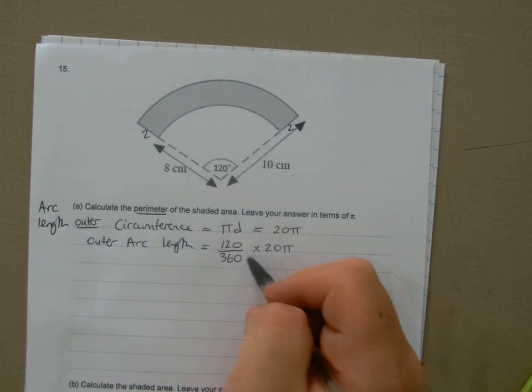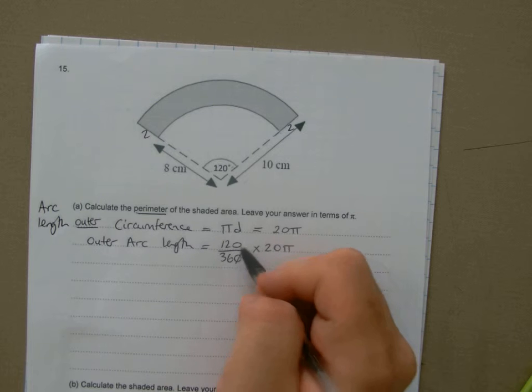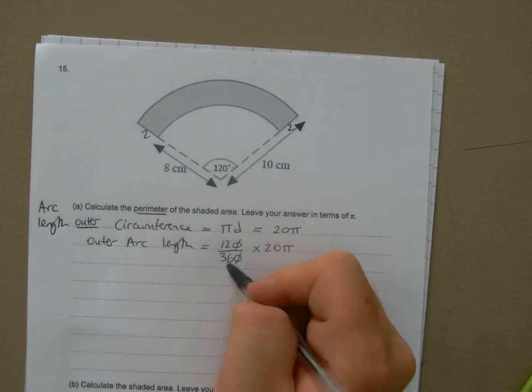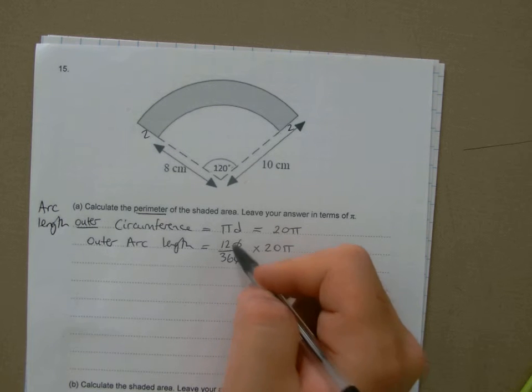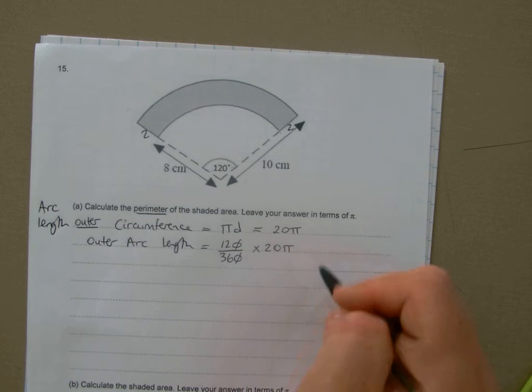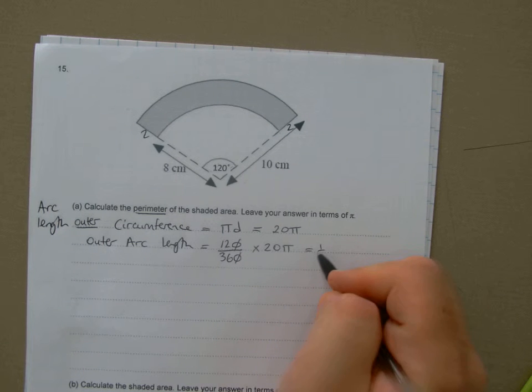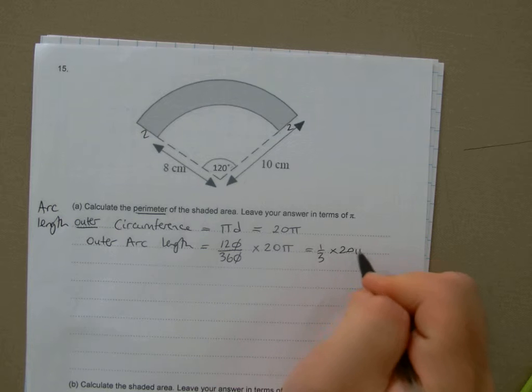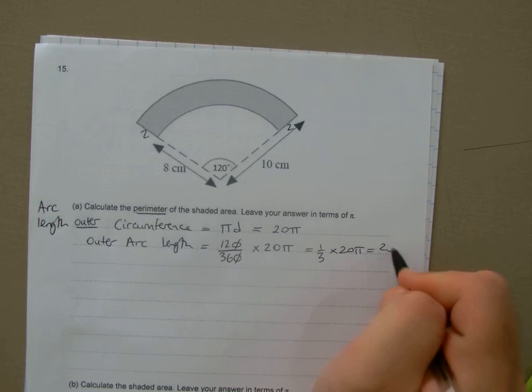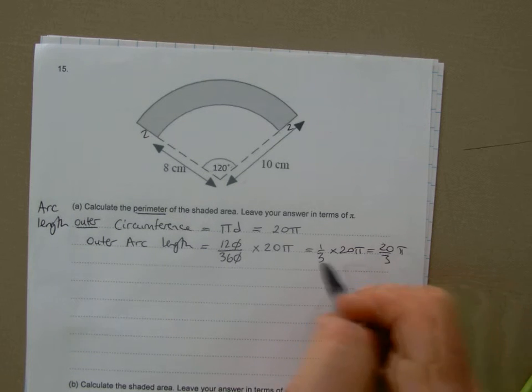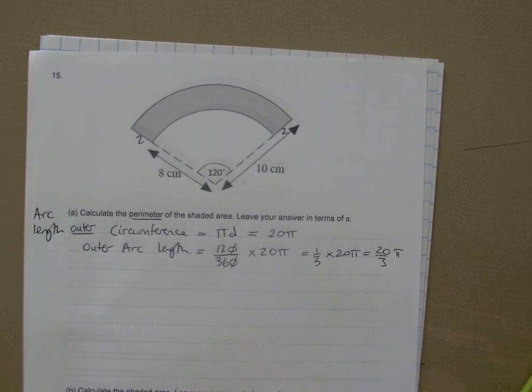We could simplify this, those zeros cancel, and 12 over 36 is actually a third, because 12 goes into 12 once and into 36 three times. So that'll be a third times 20 pi, which is 20 thirds pi.